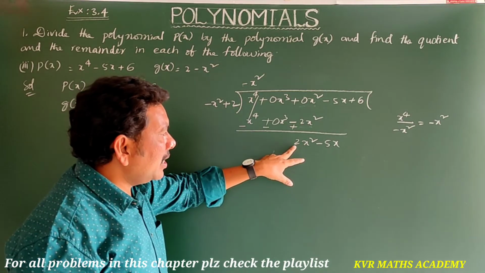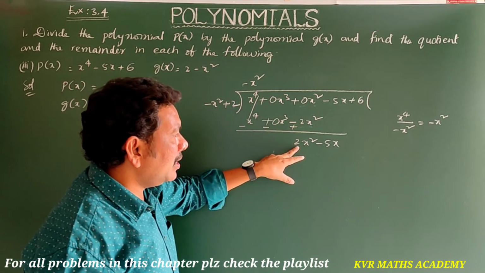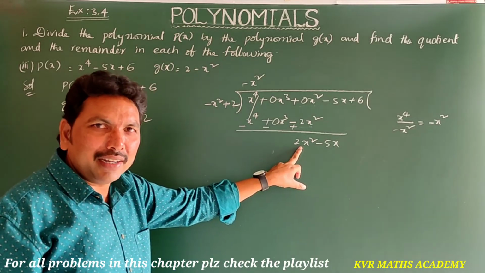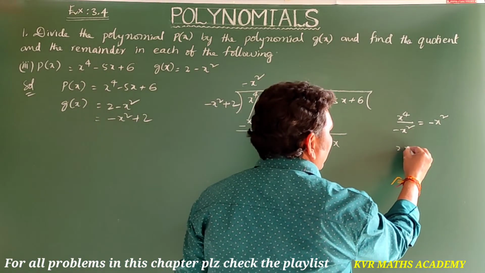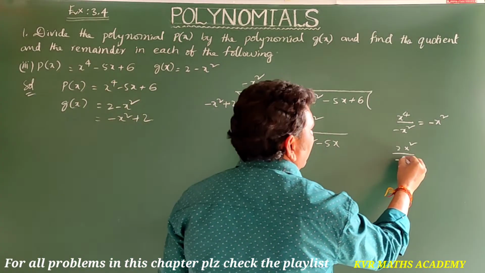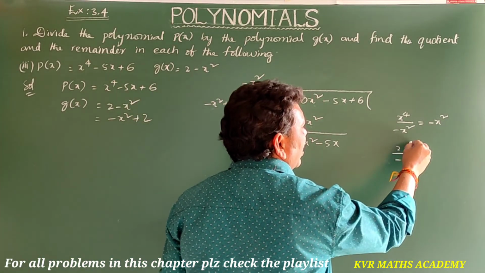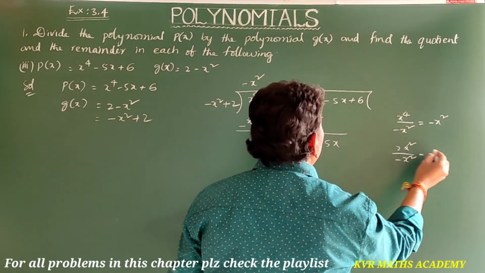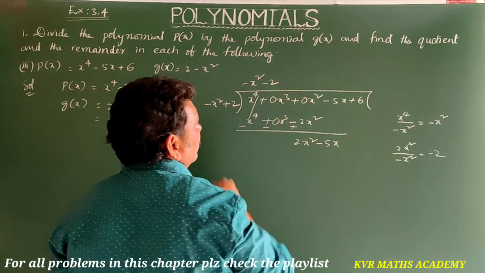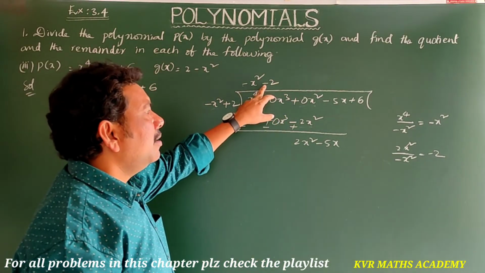Right. Here in these terms, the first term is 2x square, right? 2x square. Next, in the divisor itself, this is the minus x square term. Minus x square. X square get cancel. Answer is minus 2. So next term is minus 2.